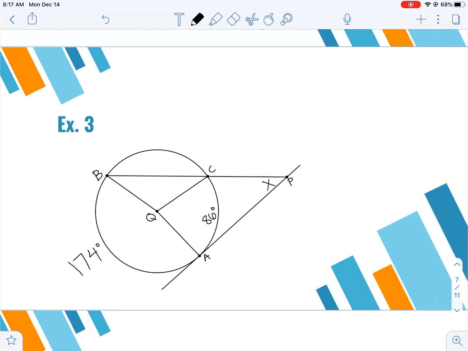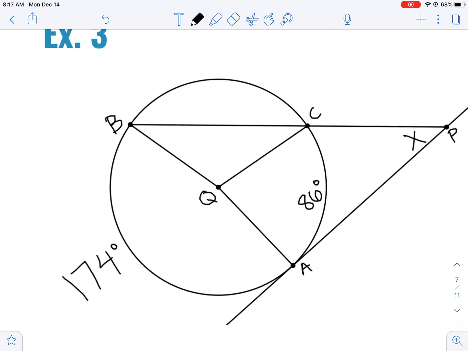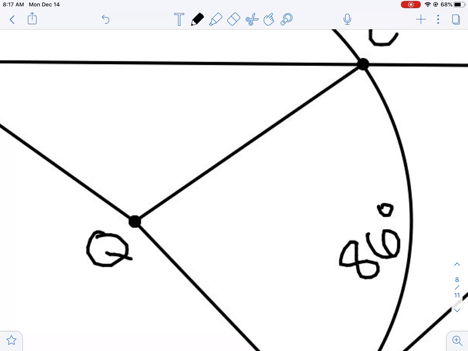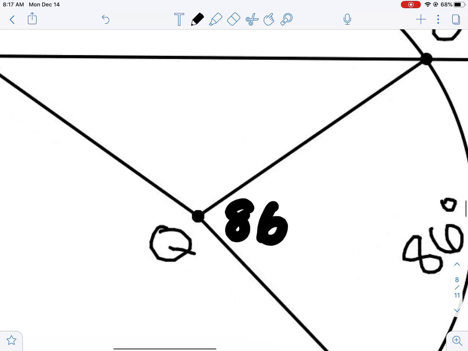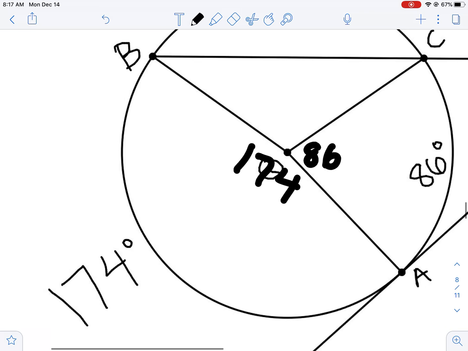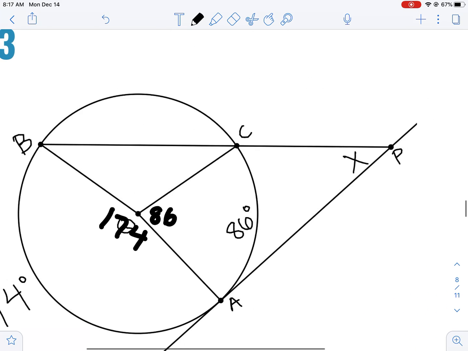When I get to something like this, I'm going to use a little bit of everything that I've learned, okay? And there's some other methods to go through this and other things you could solve first. The biggest thing and my biggest tip for these is keep filling things in even if you think you don't need it. You're right, you might not need it, but you could also be wrong and you might need it to find something else. So I'm going to fill in 86 here because that's my central angle, and 174 here because that's a central angle.